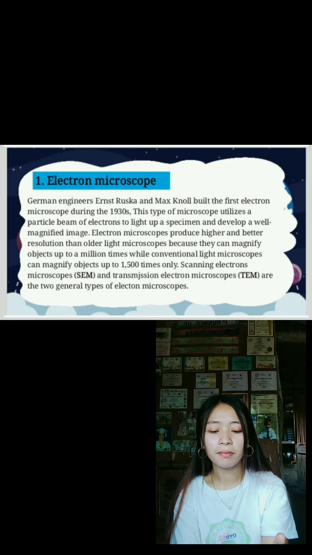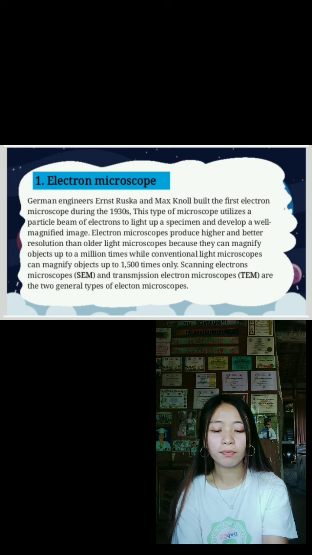So let us come now to the electron microscope. German engineers Ernst Ruska and Max Knoll built the first electron microscope during the 1930s. This type of microscope utilizes a particle beam of electrons to light up a specimen and develop a well-magnified image.